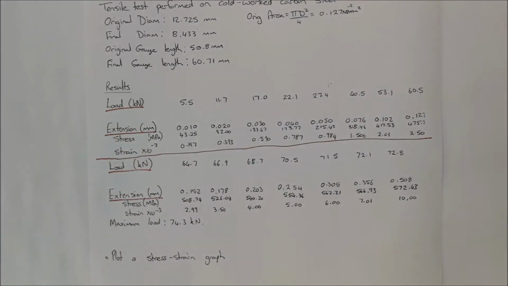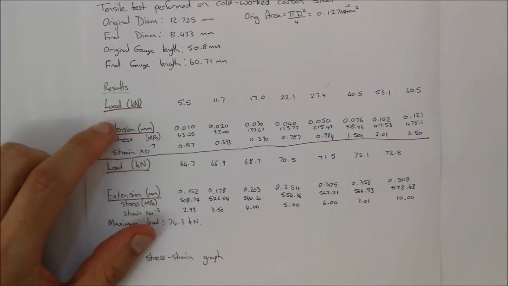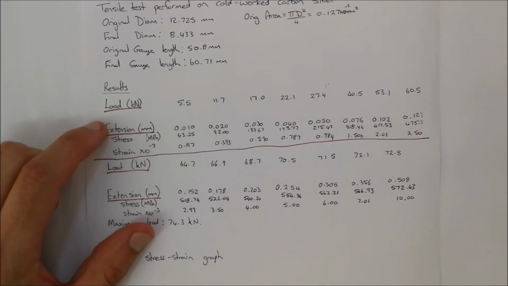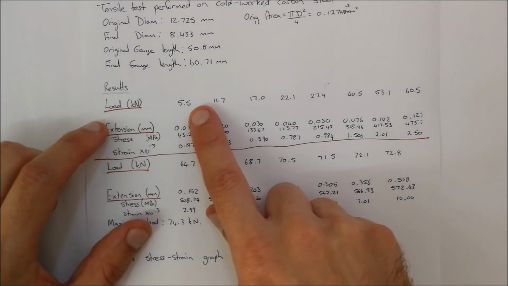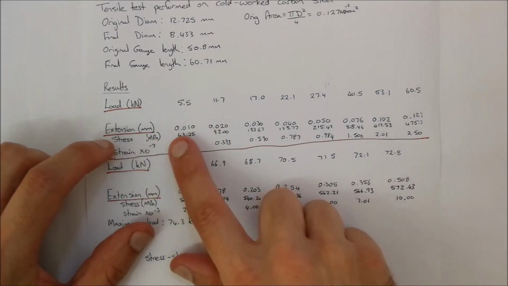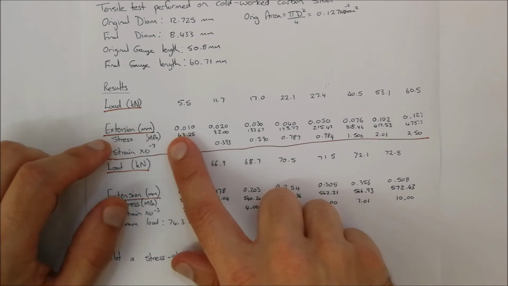Those are essentially what is being recorded, and that's what you are given. For every load we applied, as we did in the table with the example of the piece of plastic we were stretching, we got different loads and a correlating extension, or change in length, in millimeters.